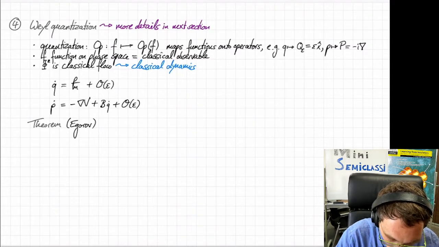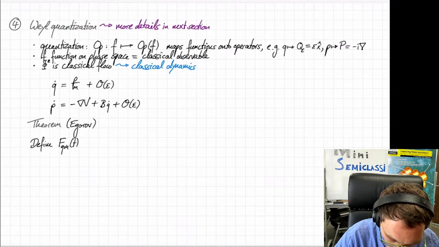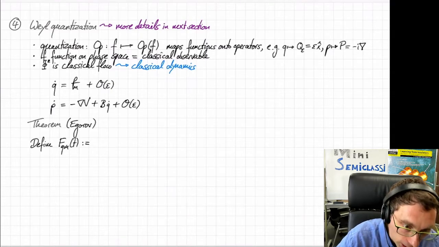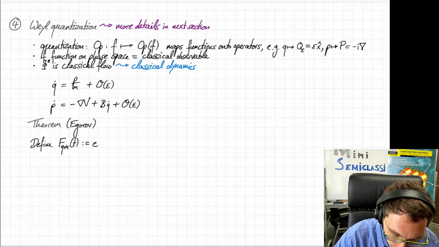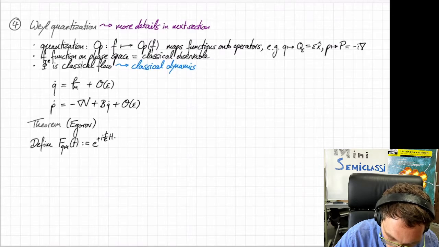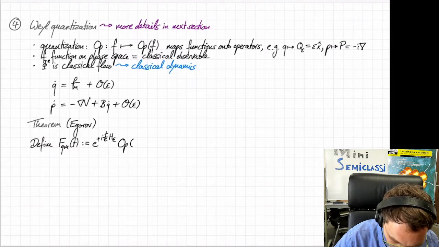And that is as follows. So we define the quantum mechanically evolved observable. Of course, I'm excluding all the technical assumptions that are necessary to make this rigorous. I will just give you the structure. So I'm looking at the time evolution of the quantization of the classical observable.